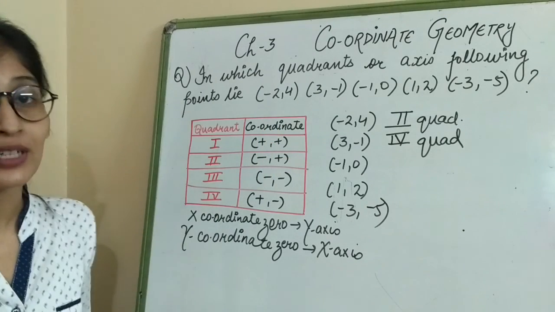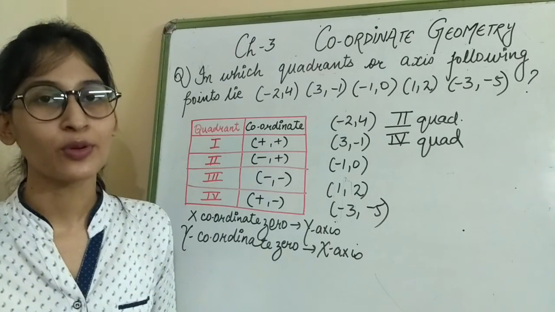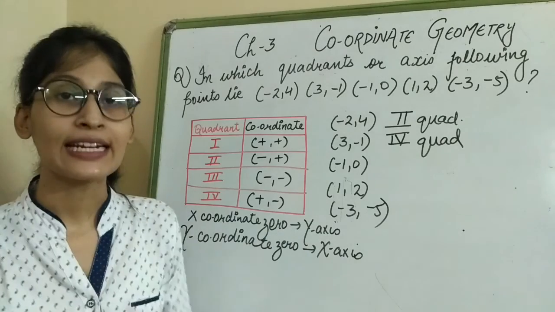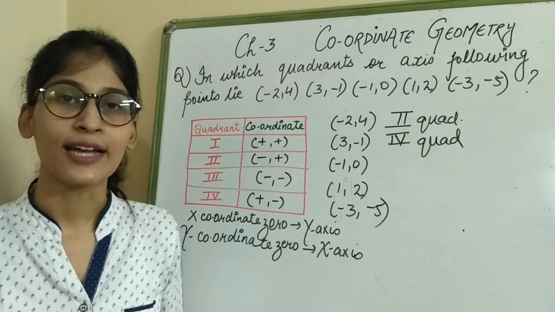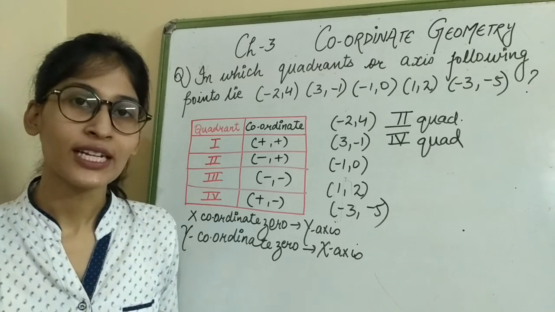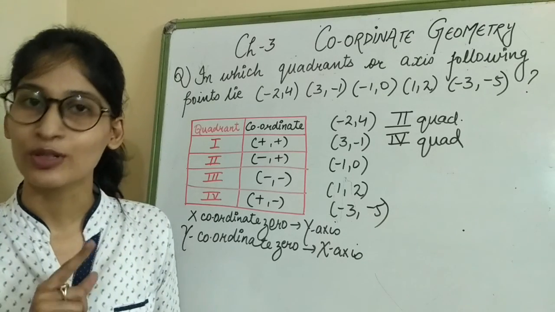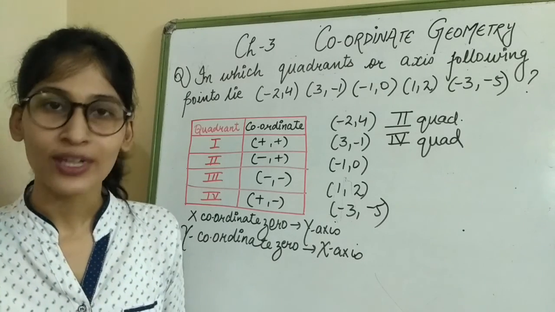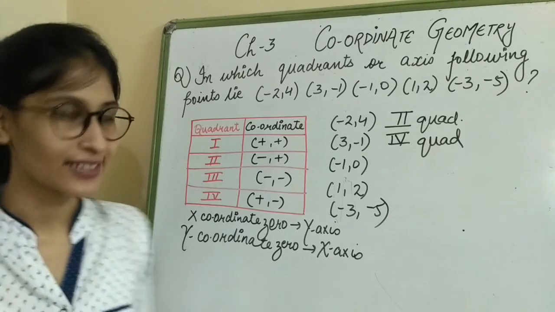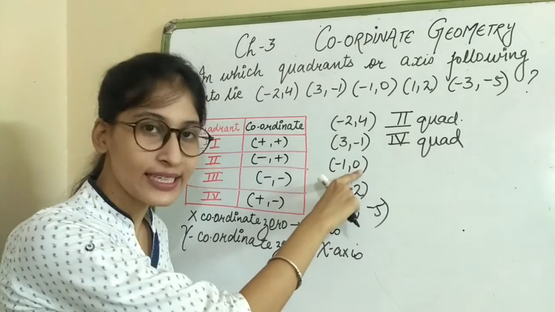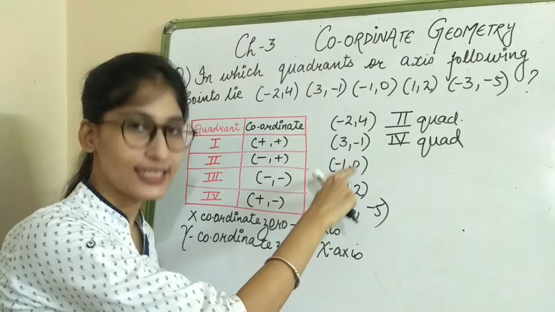Next is -1, 0. The special point to know here is one coordinate is 0. When one coordinate is 0, the point will lie on the axis. If x coordinate is 0, we will say the point lies on the y-axis, and if the y coordinate is 0, we will say that the point lies on the x-axis. So here my ordinate is 0, the y coordinate is 0.